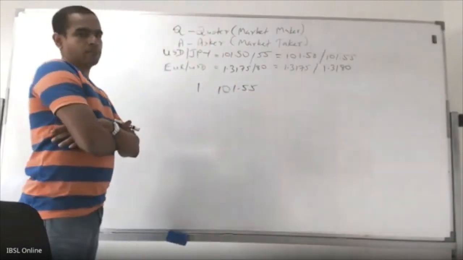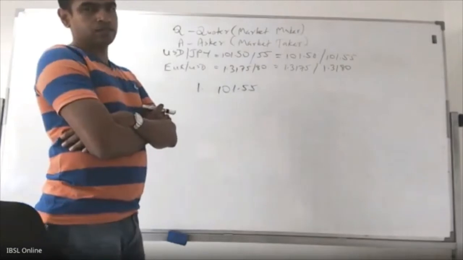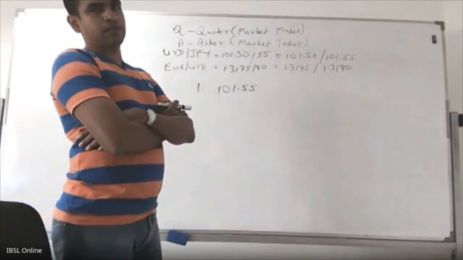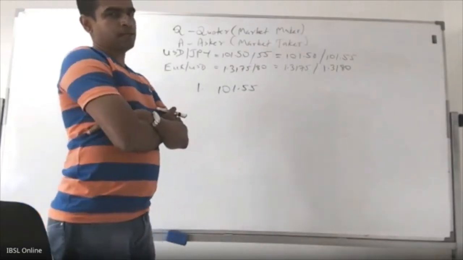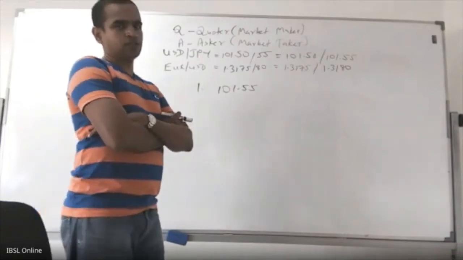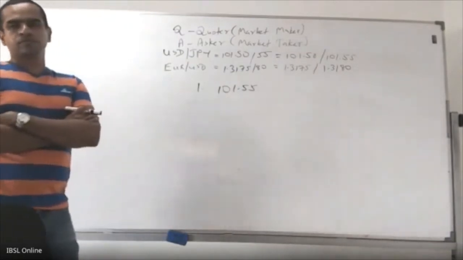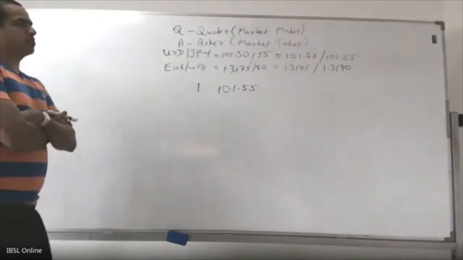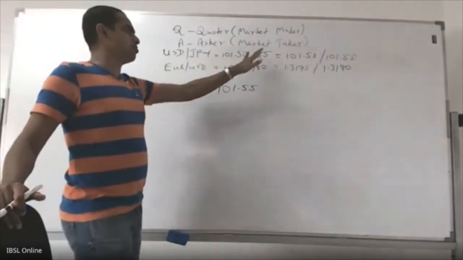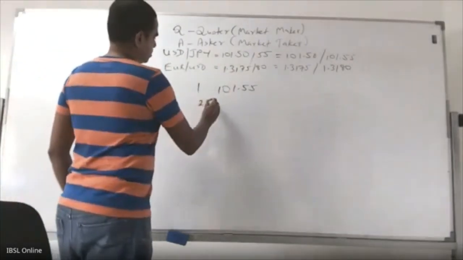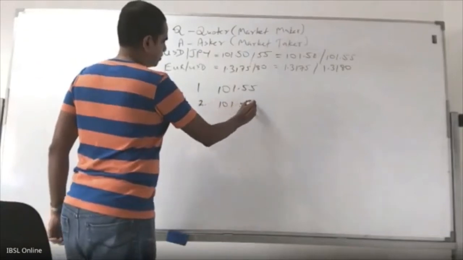The quote or the market maker buys yen, means he sells dollars on the dollar yen. Market maker will sell the base currency at the offer. So answer is 101.55.